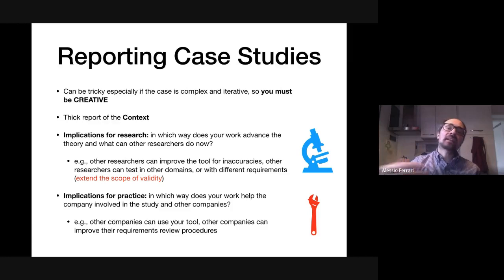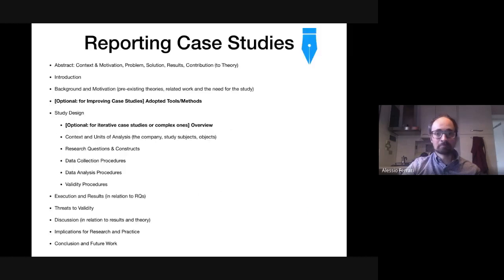So making explicit all these aspects that may seem not relevant is actually very important to give evidence that your study is important, needed, and then actually extend the theory and allows others to extend the theory and the practice.